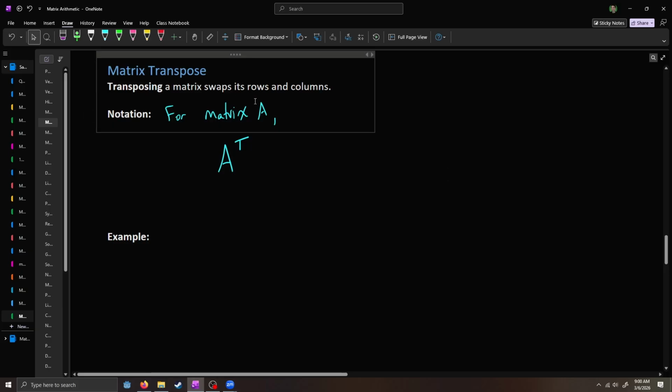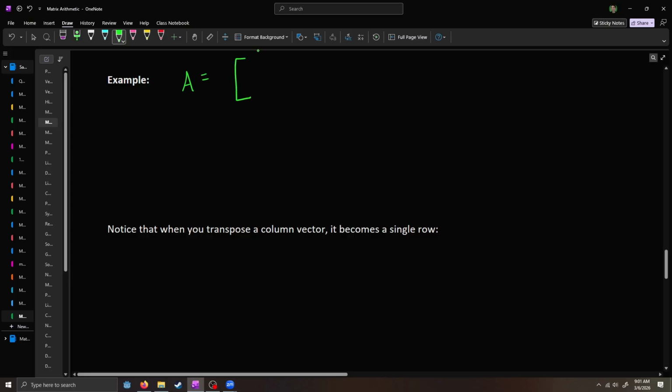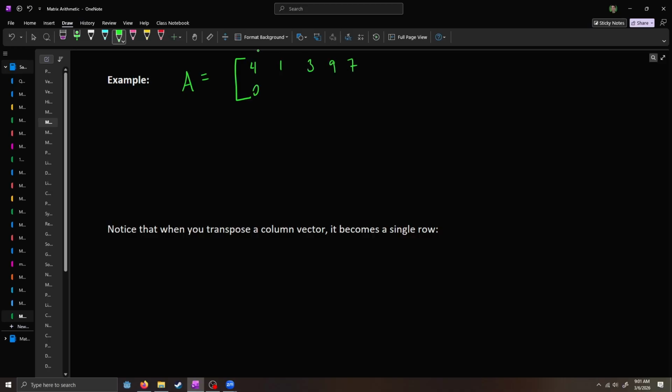And all that a transpose of a matrix does is take the matrix's rows and turn them into columns and vice versa. So let's take, for example, a matrix A that has 2 rows and 5 columns. So we have 4, 1, 3, 9, 7, for example, and then 0, -1, 5, 4, 2.